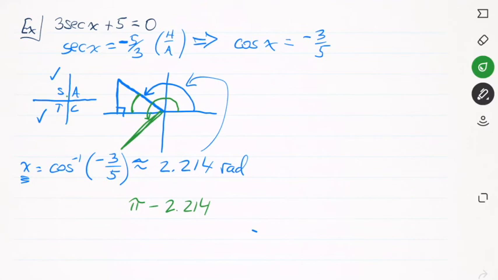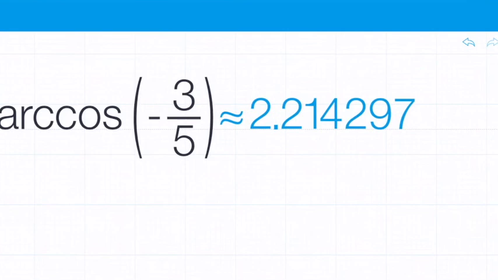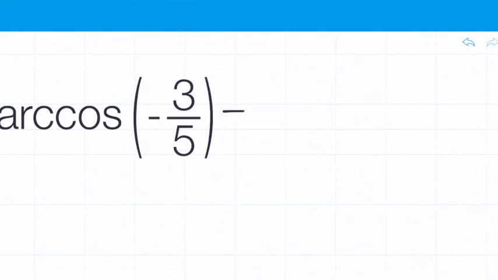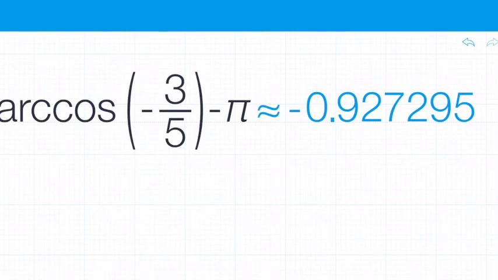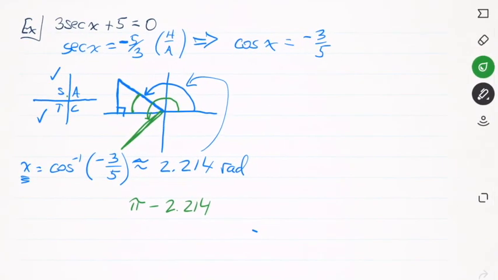It's going to come out negative, which is fine, I'll just ignore the negative. So this is approximately 0.927 radians. This is my reference angle. Let's call it theta.